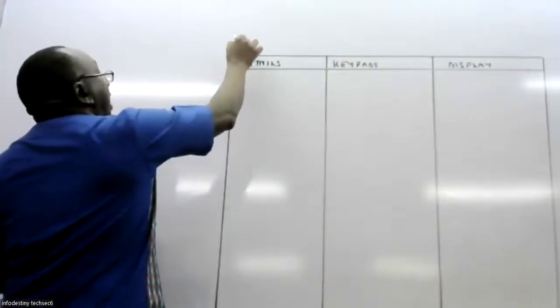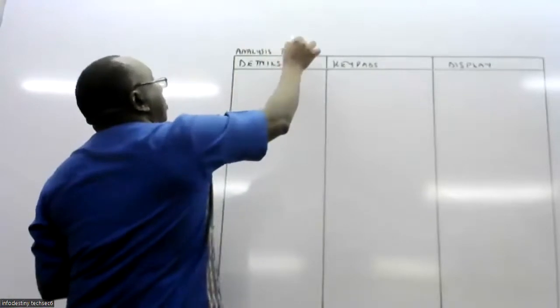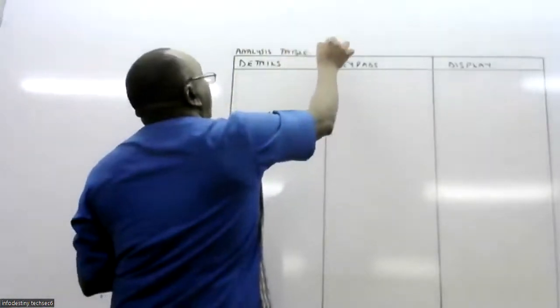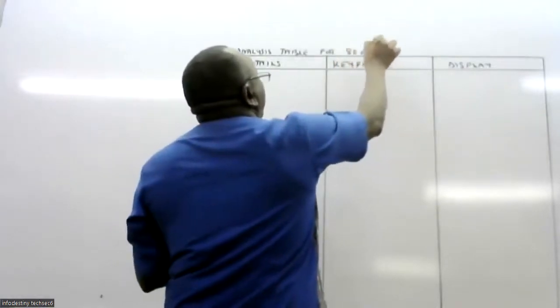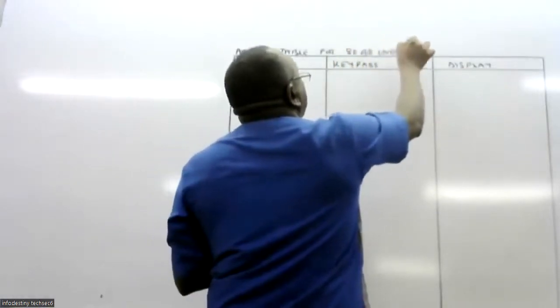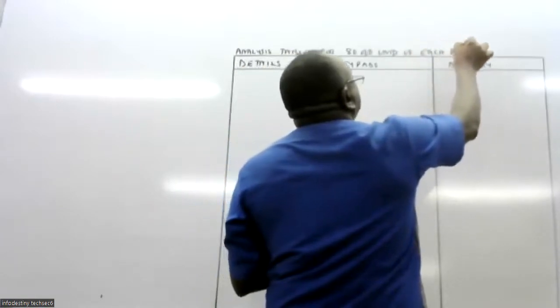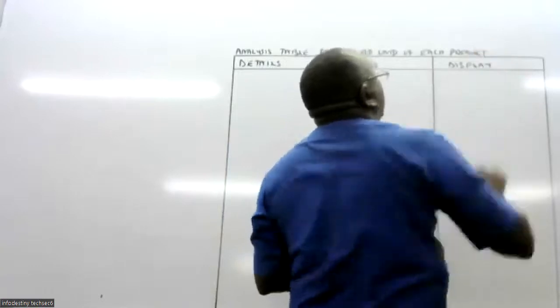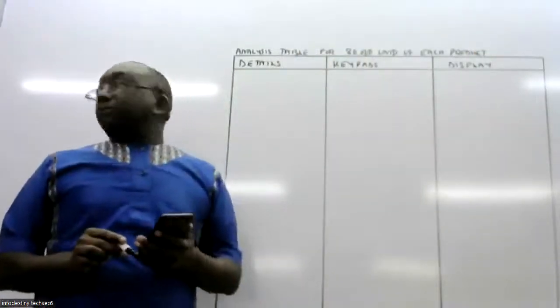So this is analysis table for 8,000 units of each product.